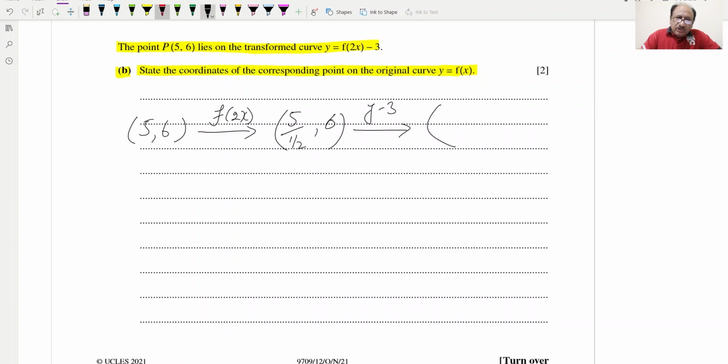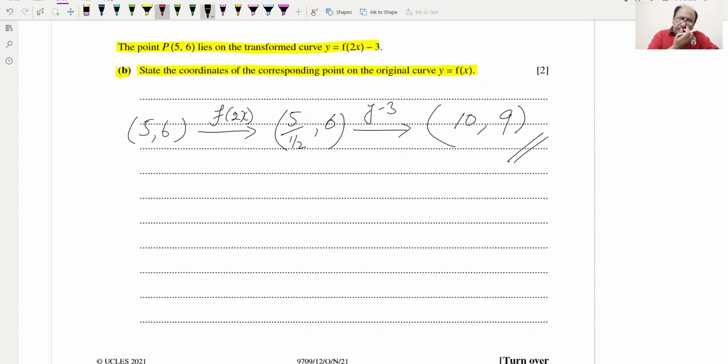So transformation, so it will be 5 over half is 10, and this will be 9, and our answer will be 10 and 9.